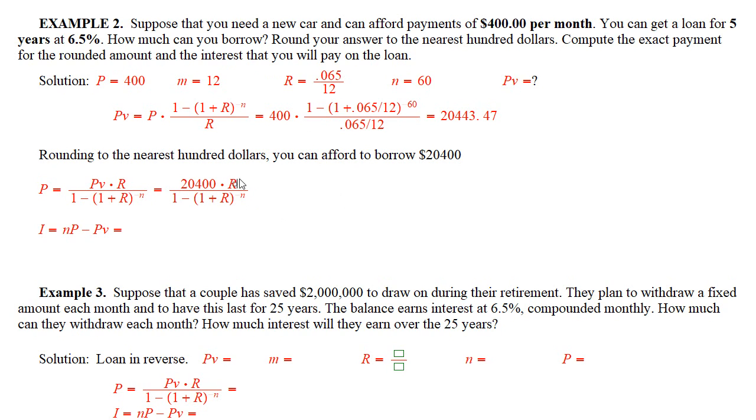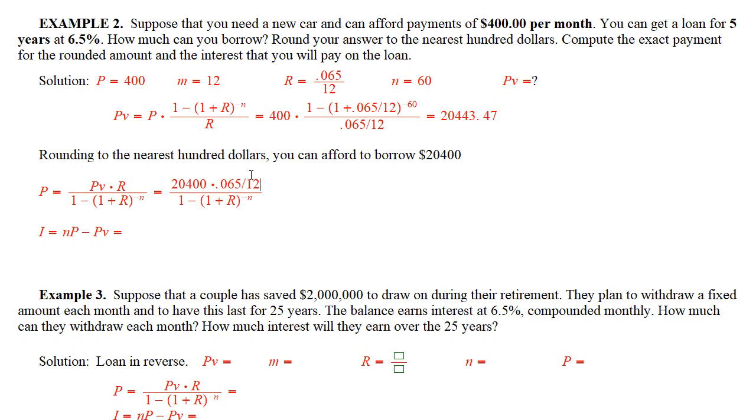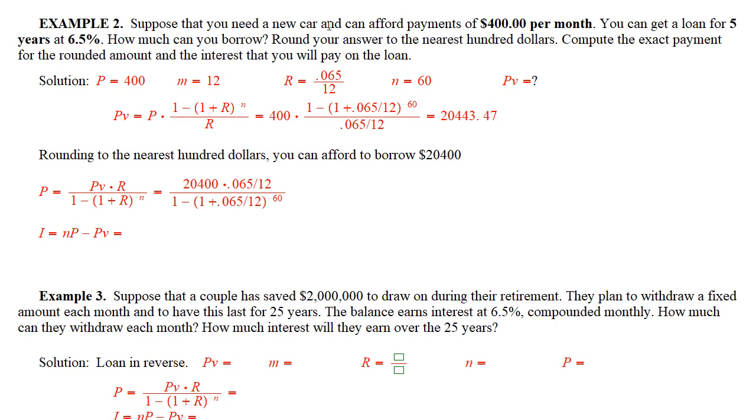So first we're working on exact payment. R is still 0.065 divided by 12. And down here also 0.065 divided by 12. And that exponent's going to be a negative 60.